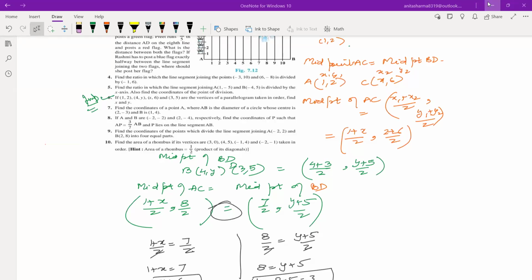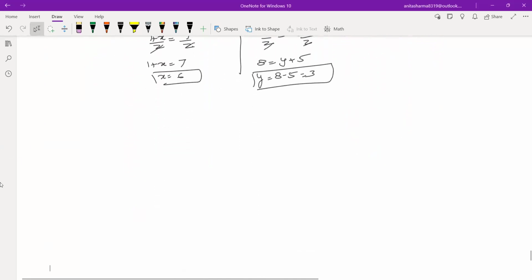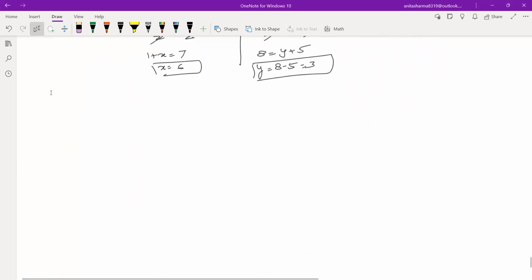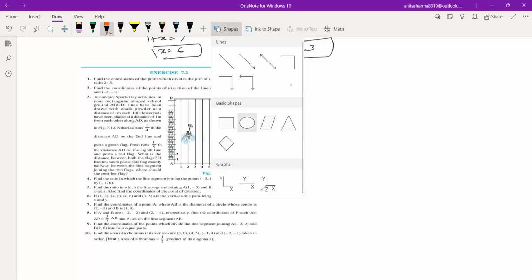Children, have you remembered this question number 7? This type of question we already did. See, find the coordinates of A. AB is the diameter of the circle whose center is O. So let's draw a circle first.